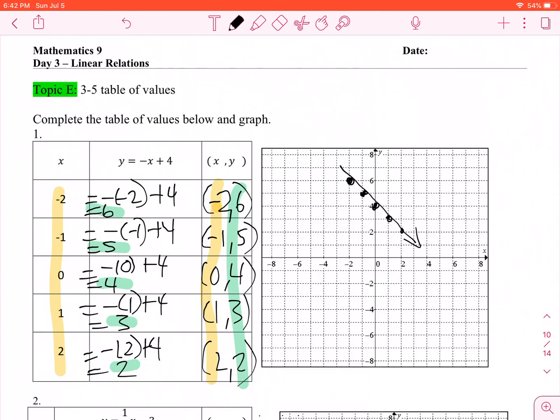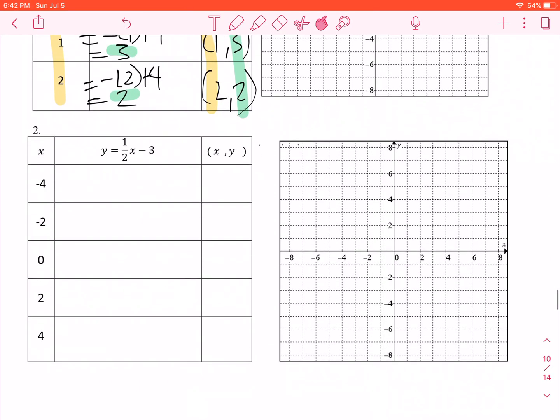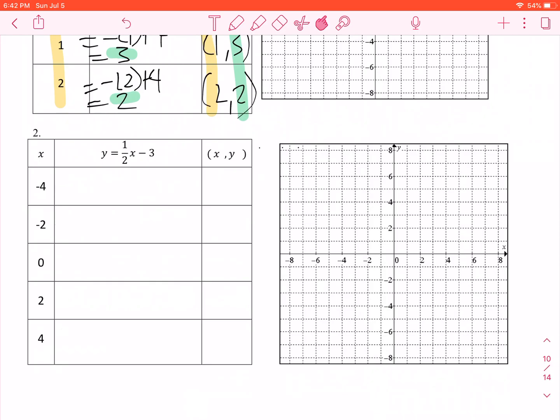And we'll put arrows at the end just to show that this goes on and on. It's pretty much the same thing here. If you want to change that half to a 0.5, you can try this on your own and just see if you can graph it.